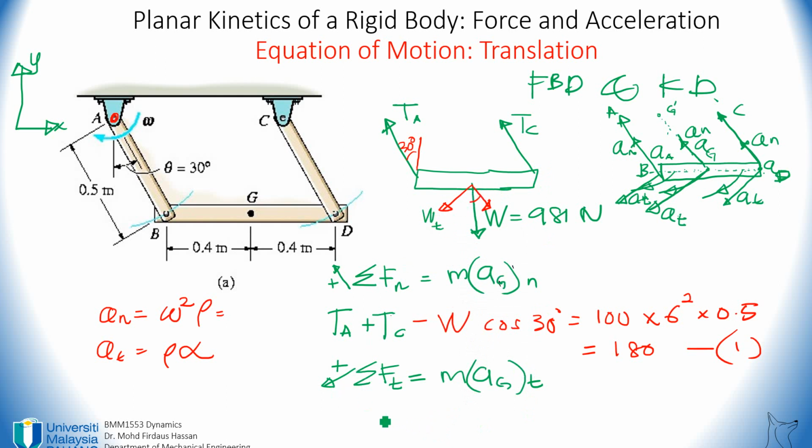So it will give you W sine 30 is equal to what? M is mass, 100, times rho. Rho is 0.5. And alpha is unknown. Or you can remake it as a_Gt. It doesn't matter, because once you got alpha, you can calculate what is the a_G.